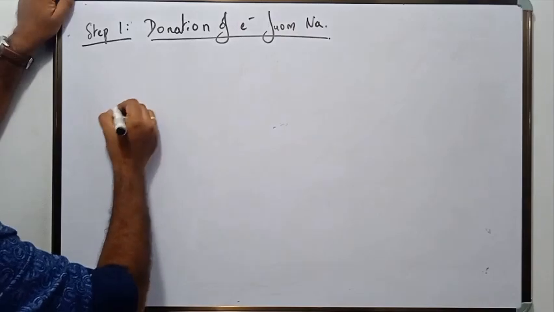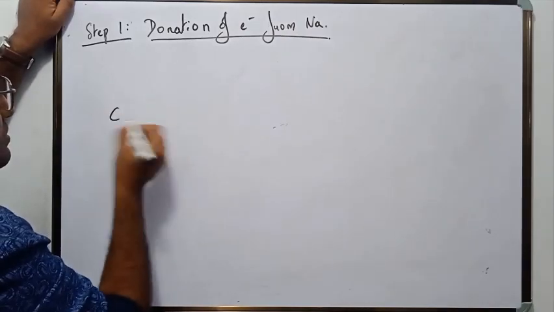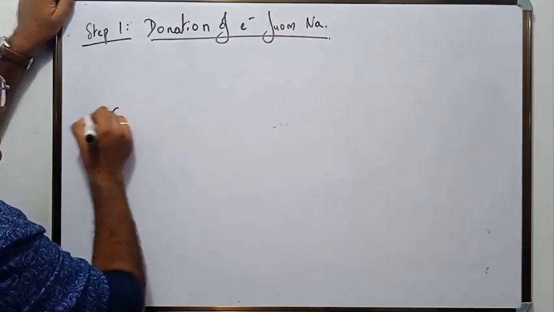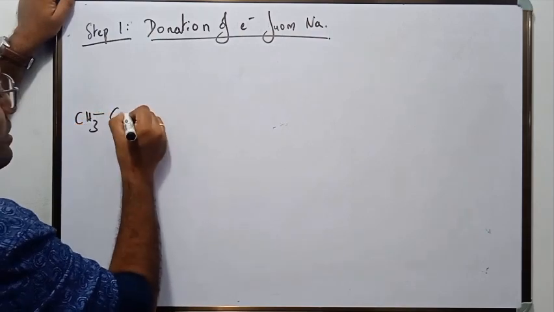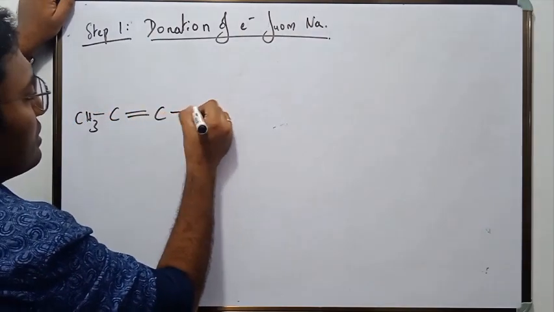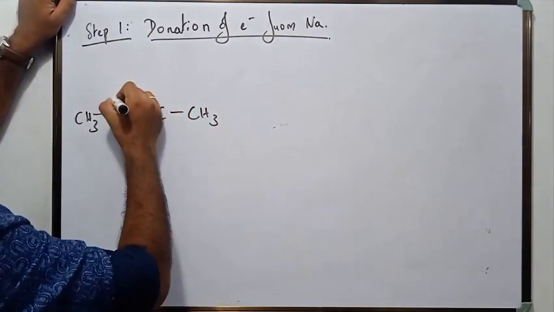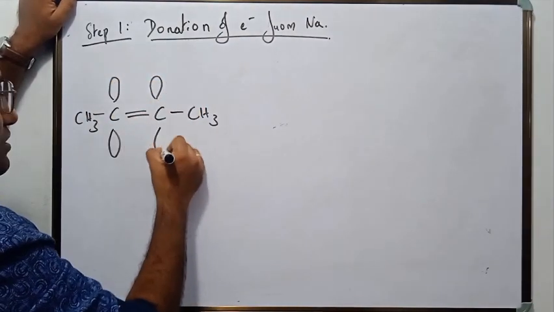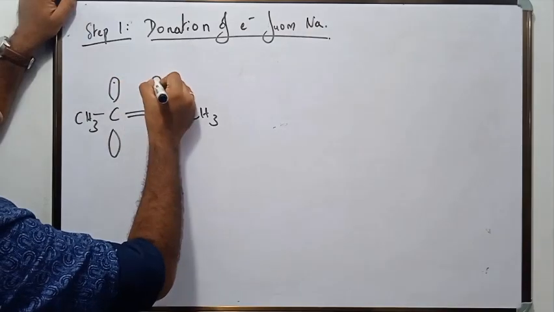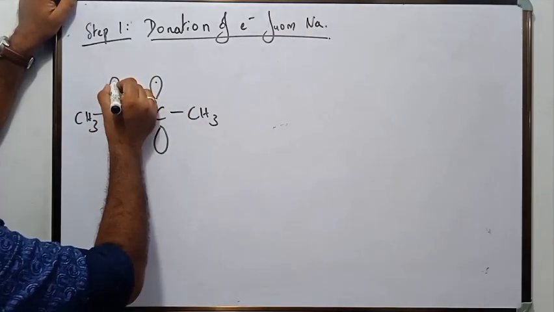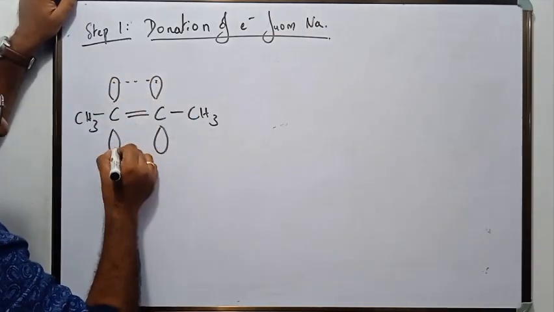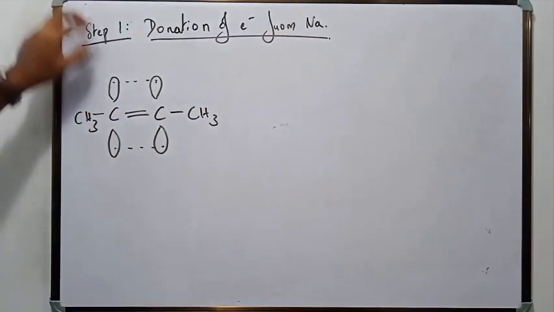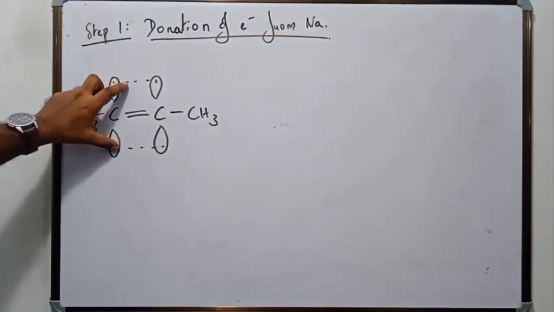So this is our CH3, C triple bond C, CH3. I am writing the triple bond in this way. Suppose the upper lobe is having the electron right now. This is the triple bond, and this is just the pi cloud that I have shown.